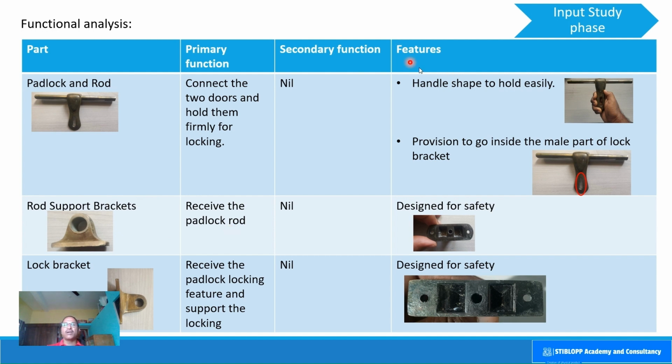The main feature of this rod support bracket is that there is a tapped hole on the behind. Okay, now imagine that this is a door and you are fixing the bracket here. You have to screw from the other side so that even if a thief tries to unscrew from the front, it is held tightly by another screw behind.